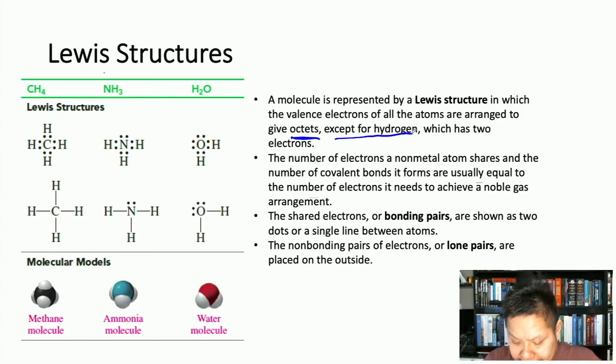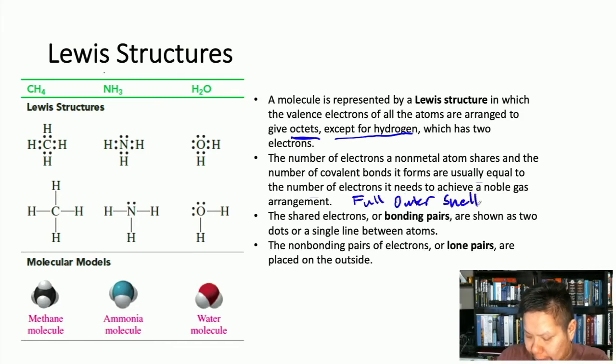So basically, each atom here that's sharing electrons is trying to achieve a noble gas arrangement, which again means a full outer shell. Just as a reminder, we were talking about neon before, which has 10 electrons.